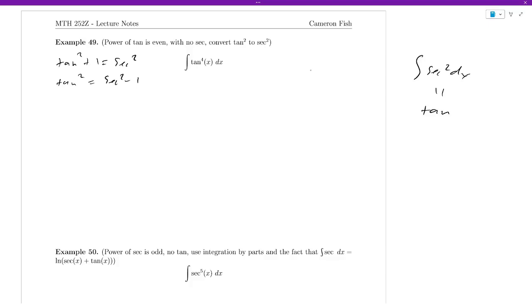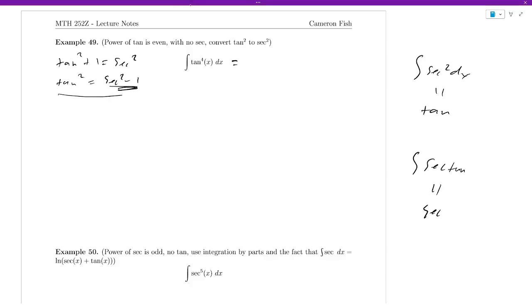So if I ever see just the integral of secant squared, I get tangent. Similarly, if I have the integral of secant times tangent, that's secant. Those are sort of elementary ones that we are supposed to know off the top of our heads. So if I can use my identity to turn this into a bunch of secant squareds, I'm going to be happy because I'm going to be integrating secant squareds, which is something I know how to do.